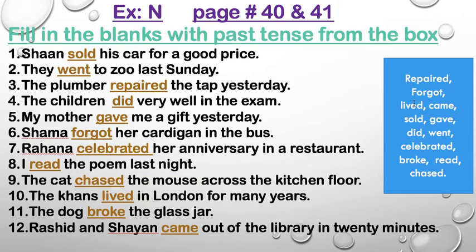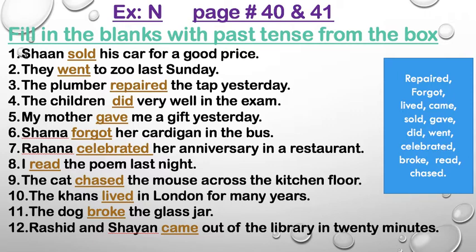So now let us see what words are there in the box. First one is repaired, forgot, left, came, sold, gave, did, went, celebrated, broke, read and chased.